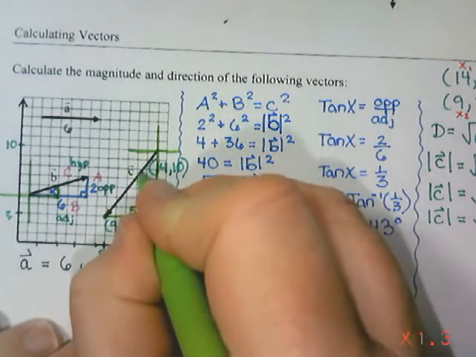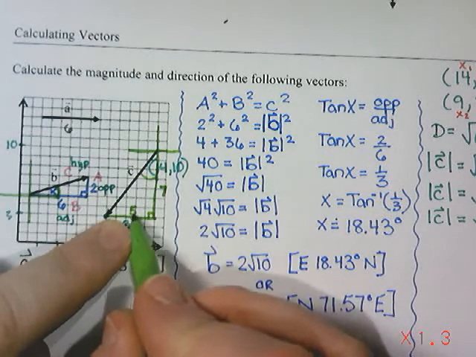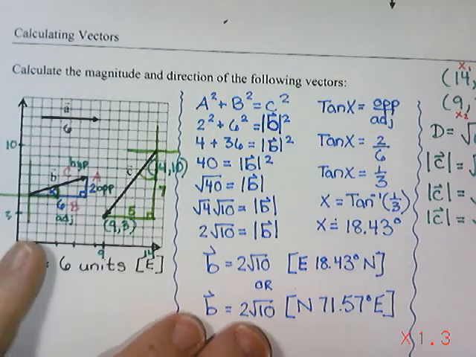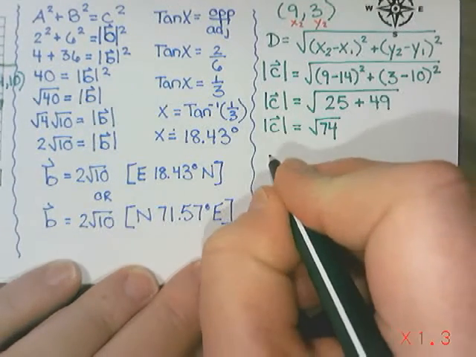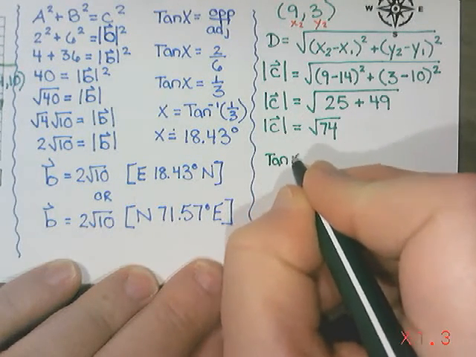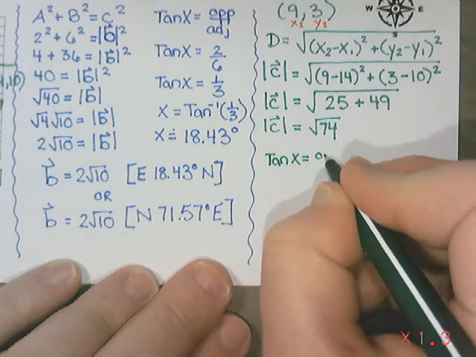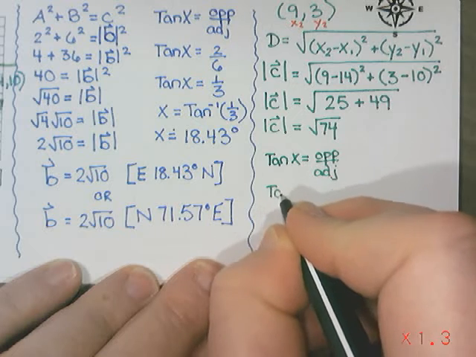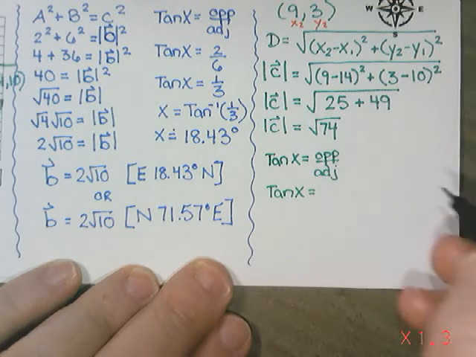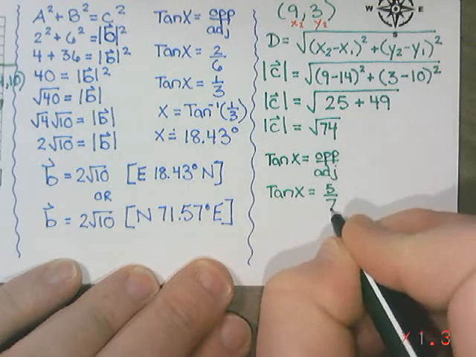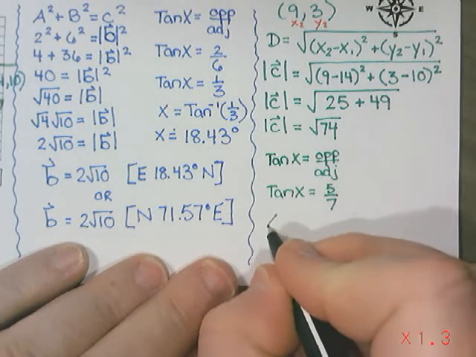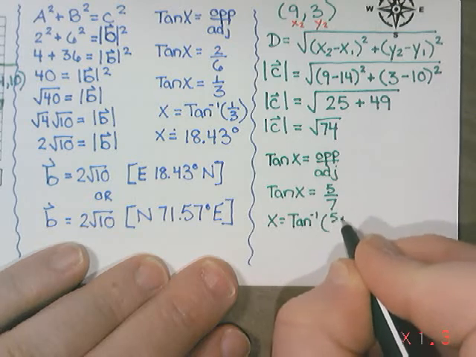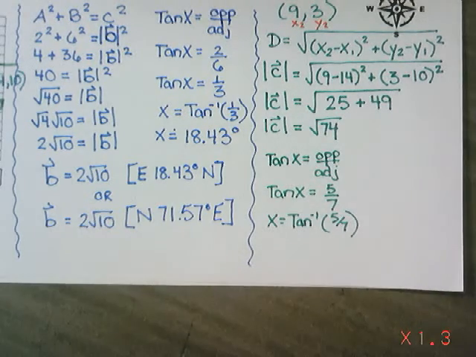If I'm trying to find this angle up at the top, this is the opposite, this is the adjacent, which means tan would be a good ratio to use. So I'm going to say tan of angle X is opposite over adjacent. So tan of our angle is 5 over 7. And then we're going to do the inverse tan of 5 over 7. Make sure your calculator is in degrees.